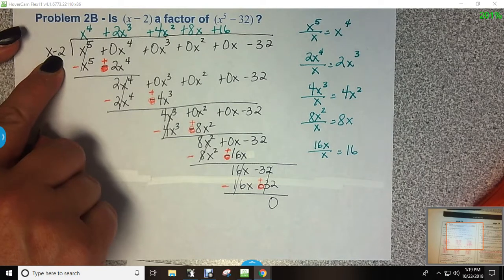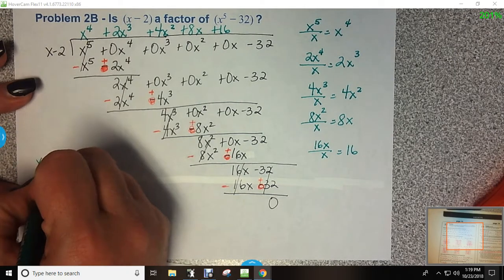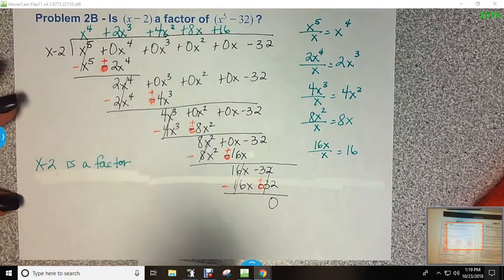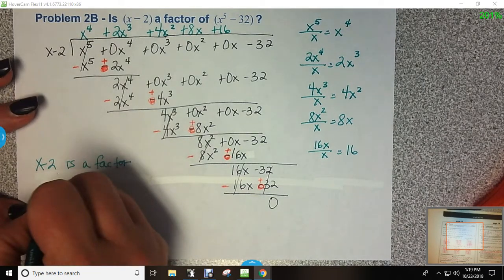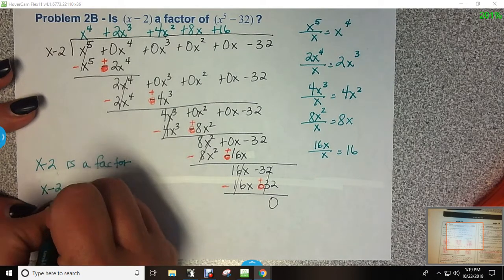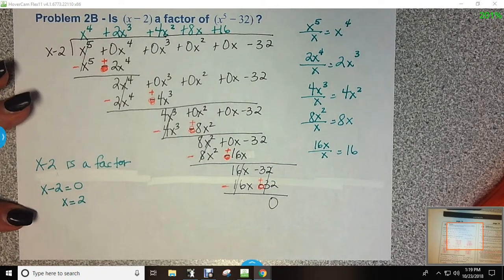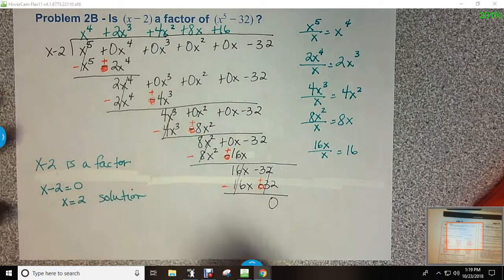If you tell me that x minus 2 is a factor because the remainder is 0, what is a solution going to be? 2. Because remember, if it's a factor, you set it equal to 0, and then you can solve and x equals 2. This is a solution. It's a root. It's a 0. That's where it touches the x-axis.